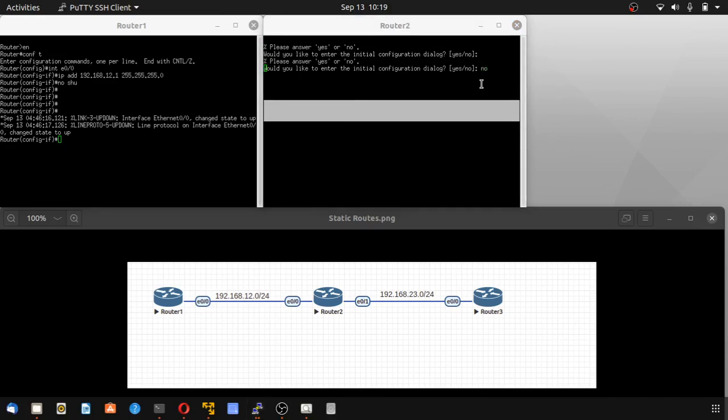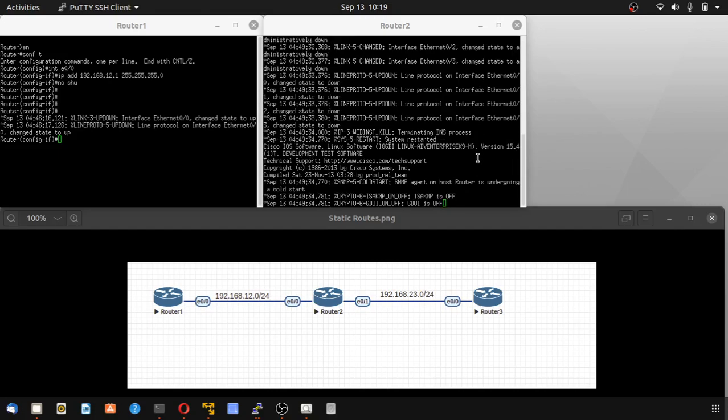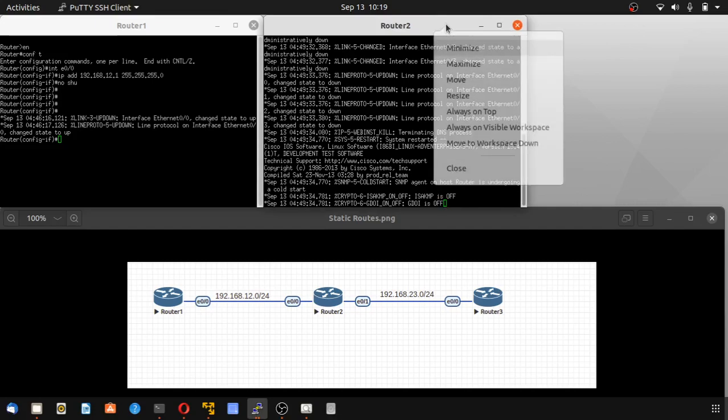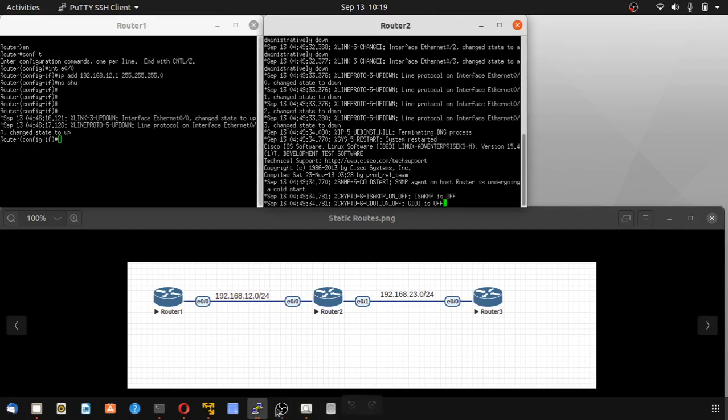The problem was that I was trying to access a different router which is not available for this lab, so that gave me an error here. So it's booting up.